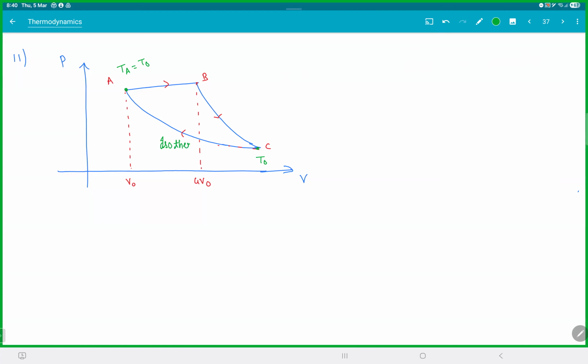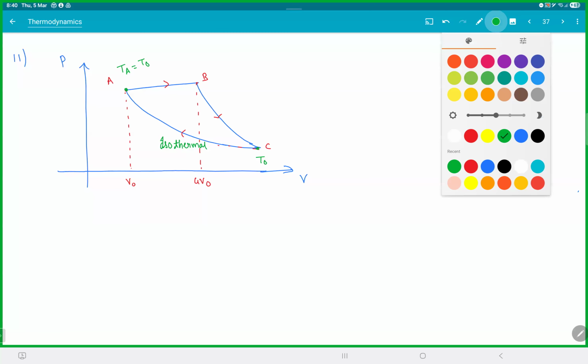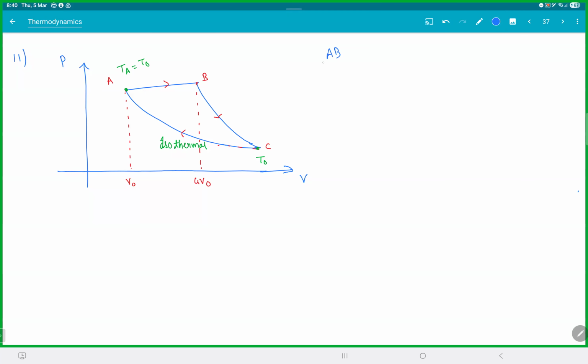What about temperature at B? In the process AB, it is an isobaric process. Since it is isobaric, V is proportional to T. So VA by VB is equal to TA by TB. VA by VB will be V naught by 4 V naught, this will be temperature T naught and this is TB.